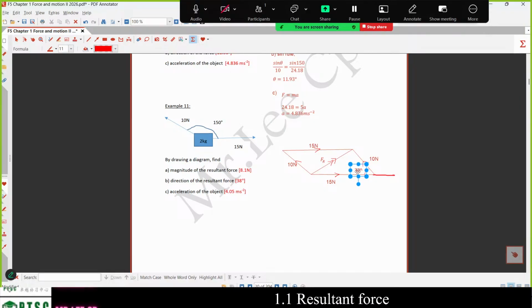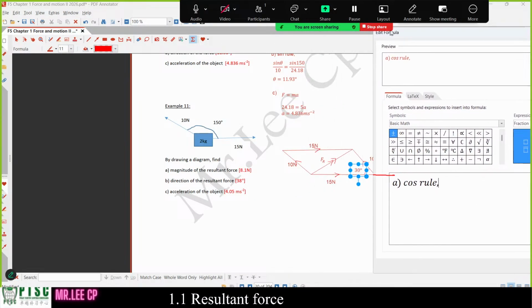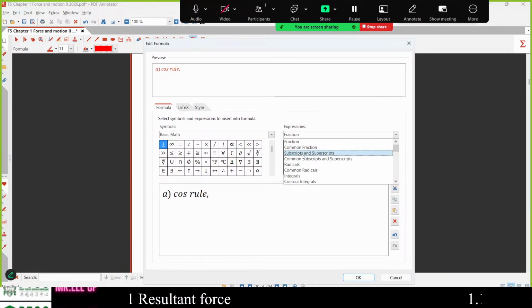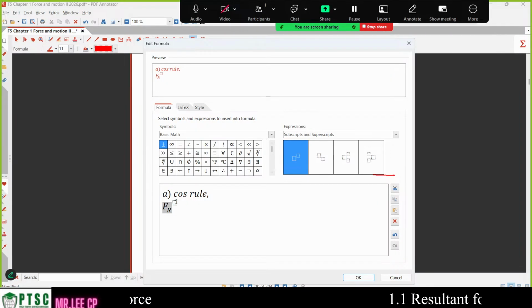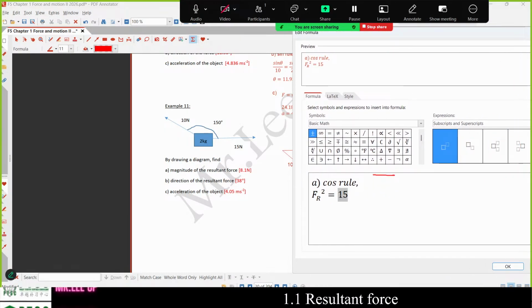Using the cos rule, same. Opposite square, FR square, resultant force square, is equal to two sides square: 15 square plus 10 square.